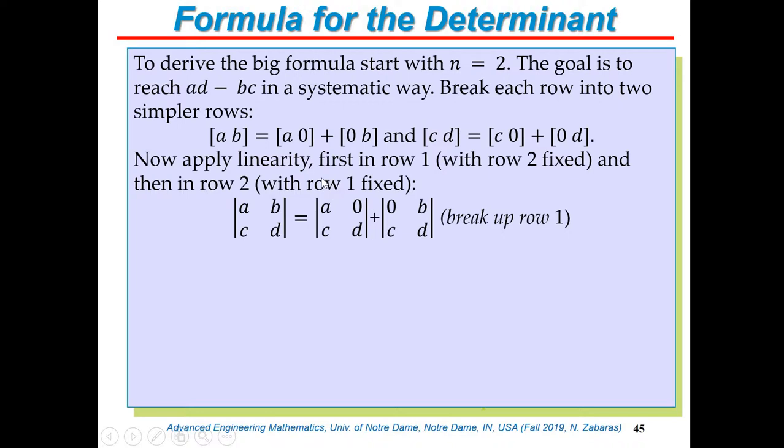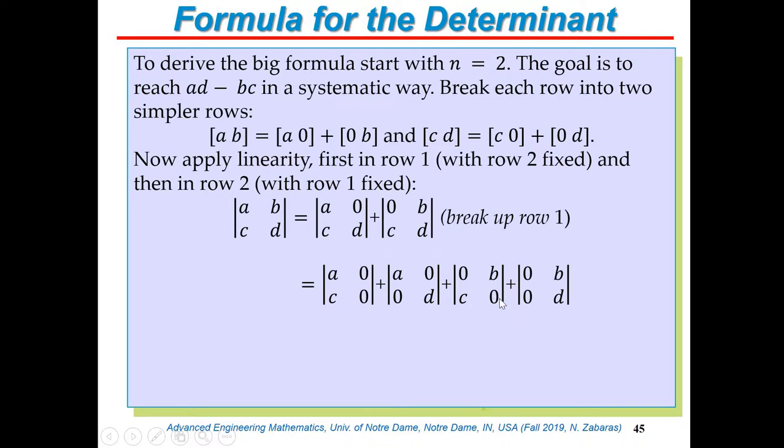And then for each of these determinants, I am going to do the same thing by using the linearity in the second row and split each of these determinants into 2 pieces. So what you see here is that C D was split into C0 and 0D, right? A0 remains unchanged, and similarly 0B remains unchanged on the last 2 terms.